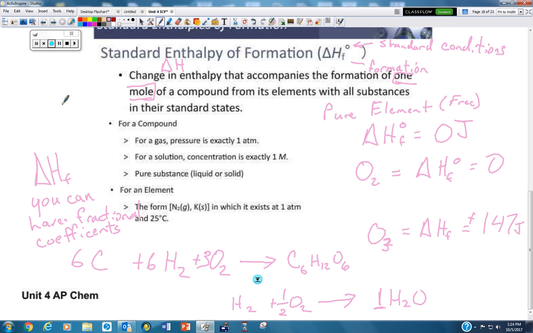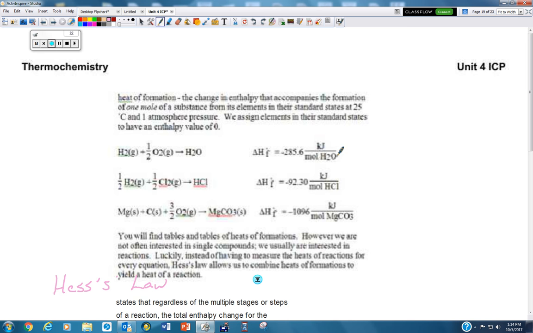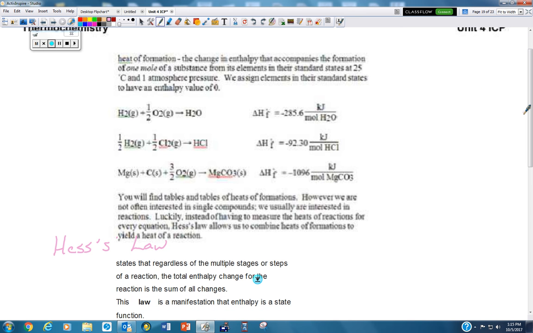So let's look at some information that you would have for heat of formation. All right, so this little table here would be an example set up for heat of formation of various elements or various compounds.